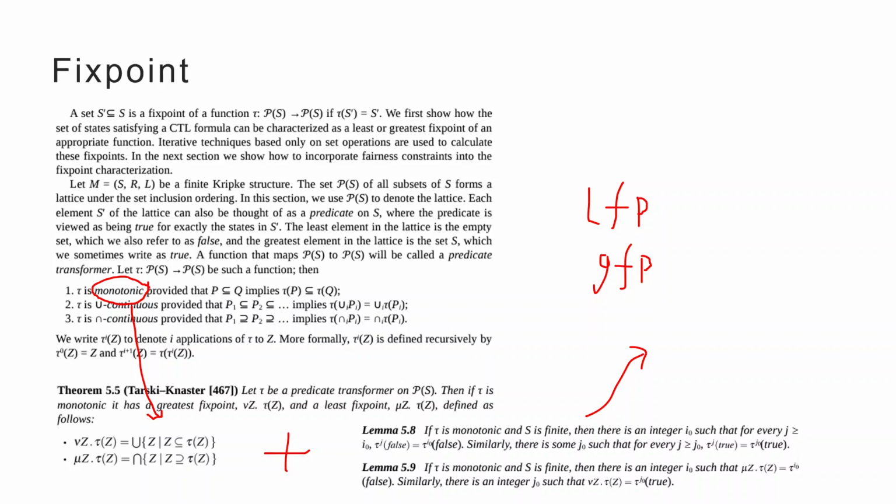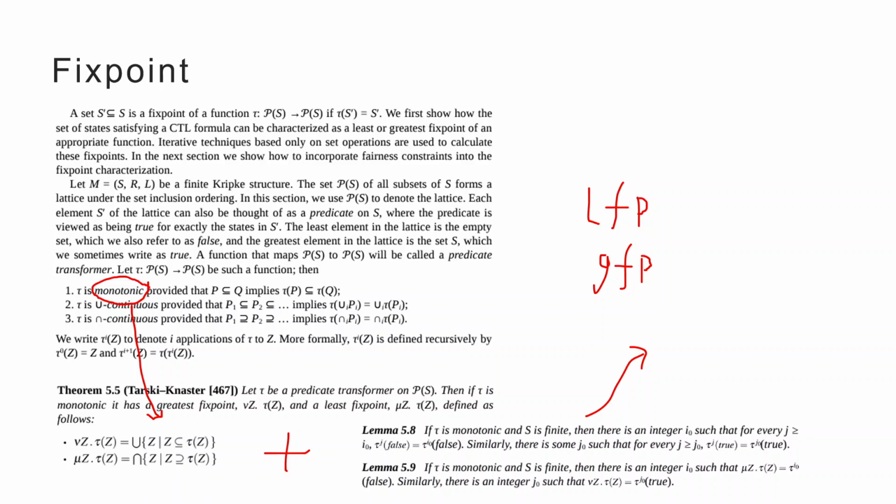With the addition of two more lemmas, we can derive an algorithm for finding the greatest and least fixed points. These lemmas indicate the existence of two integers, i0 and j0, such that by repeatedly applying the tau function on the set, it will stop changing after the i-th and j-th iterations.